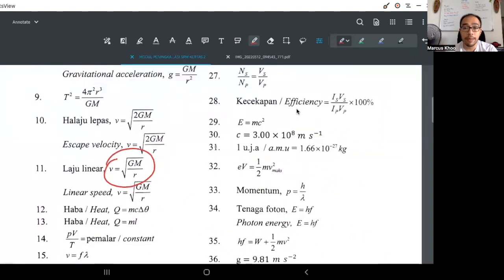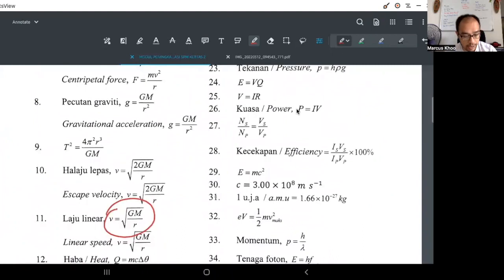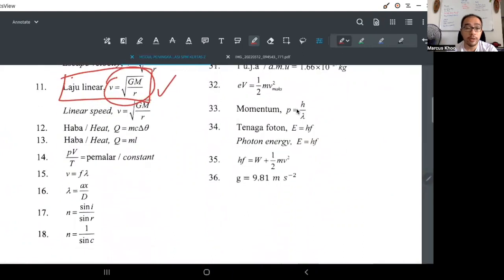But the reason why I use the 2 pi r over t is because of Kepler's third law. I combine this one and this one in order to use 2 pi r over t. But actually, I think if you use this, you will get the same answer as well, because you have the mass of the moon and the value of g.